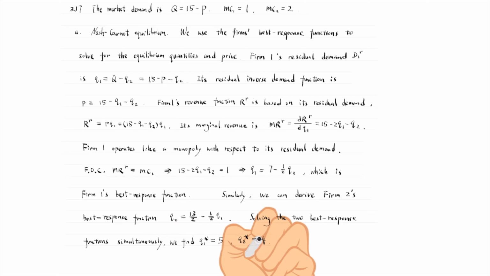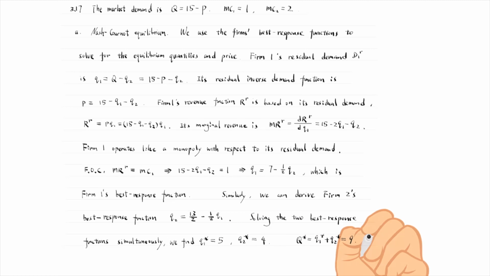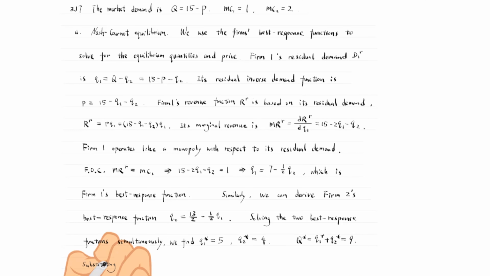Firm 1 produces 5 units, and Firm 2 produces 4 units in equilibrium. The market output is the sum of the 2 firms' outputs. Substituting the market output into the inverse market demand function, we obtain the equilibrium price of 6.